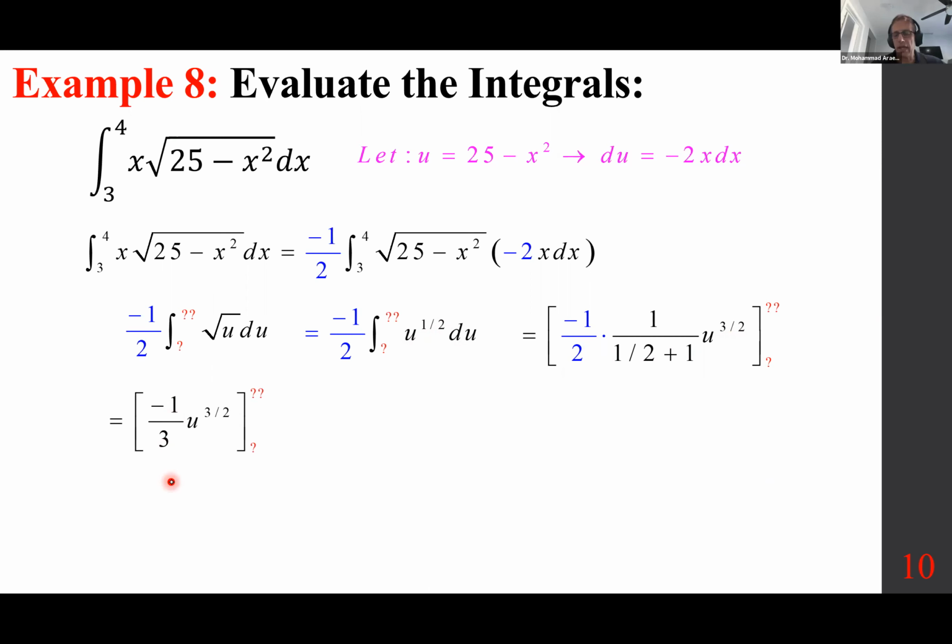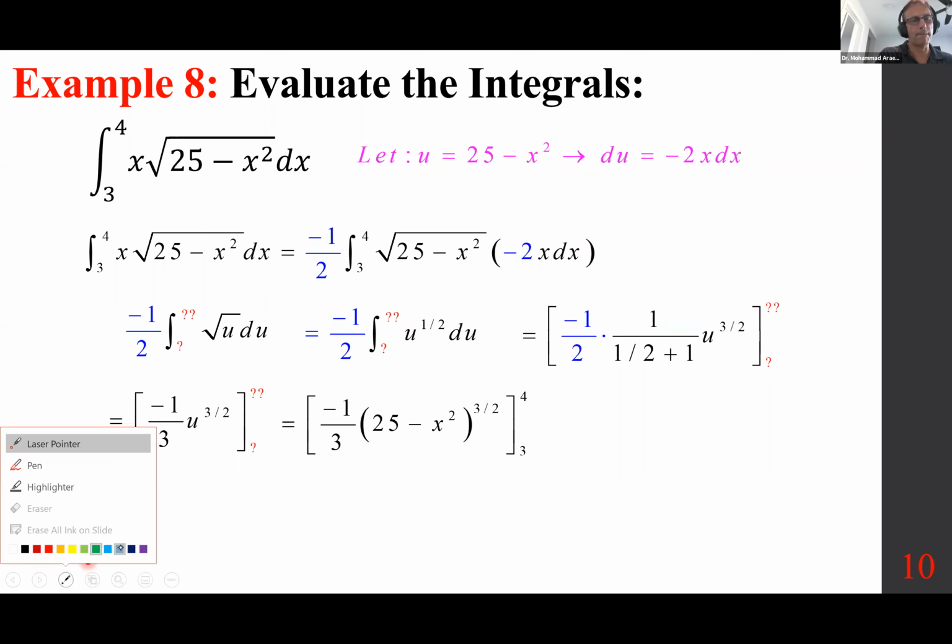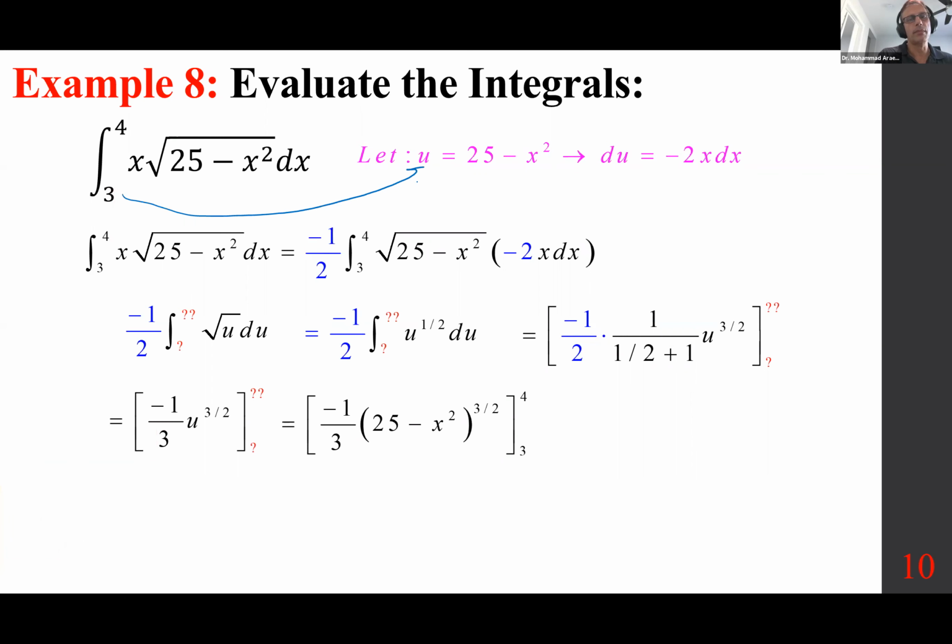So we can go back to the original variable. Therefore, we are going to replace the u with 25 minus x squared, and we use the old limits. However, we can put number 3 here, which gives us 25 minus 3 squared, which is 9, and 25 minus that is 16.